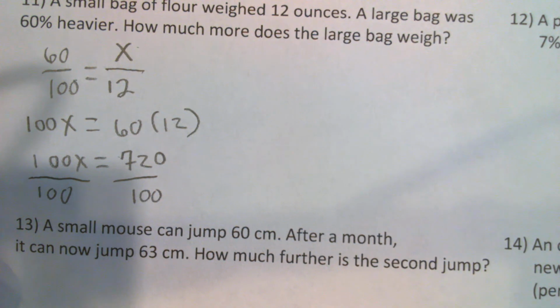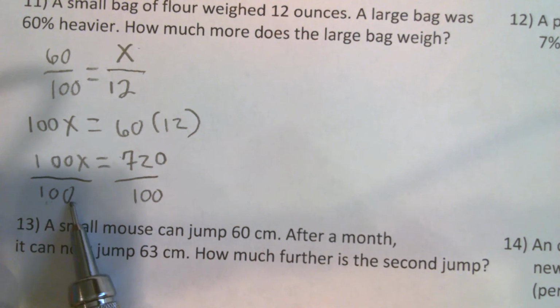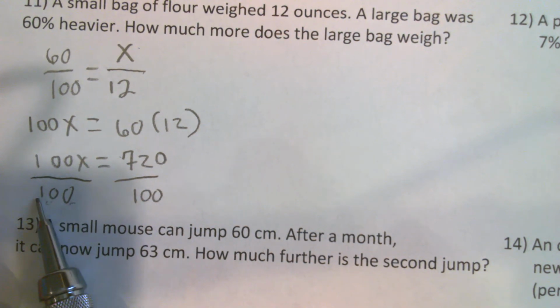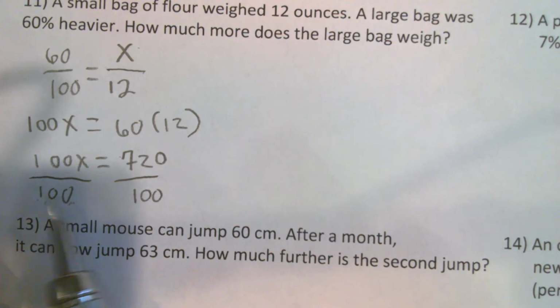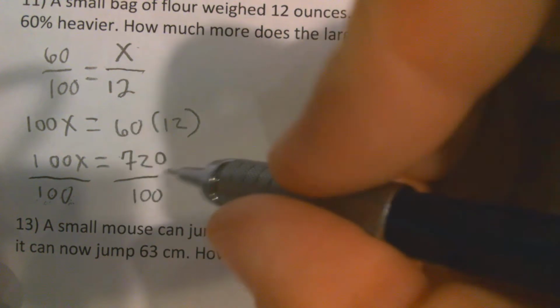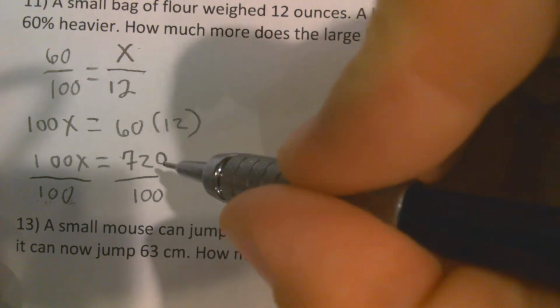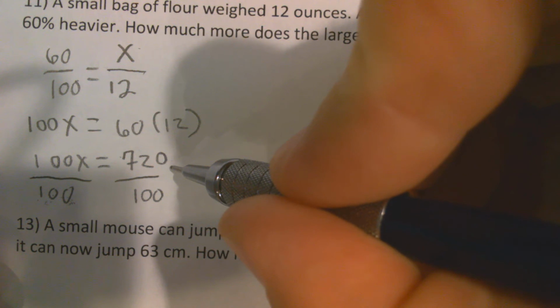Now the trick to dividing by 100 is you can move the decimal spot by however many zeros there are. So if you have 1 followed by a set of zeros, the number of zeros is how many times you move the decimal. Since there's 2 zeros, we can move the decimal spot 2 times. And it's currently right here to the right of the 0.